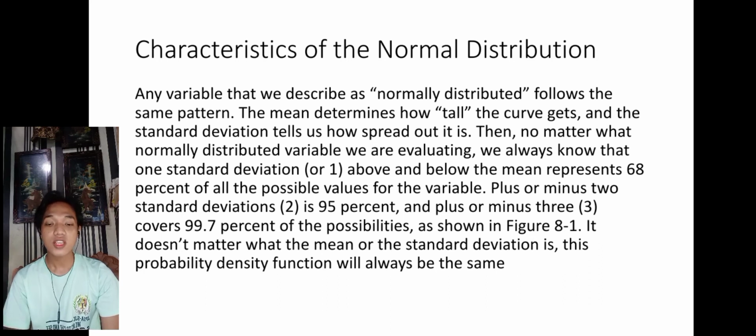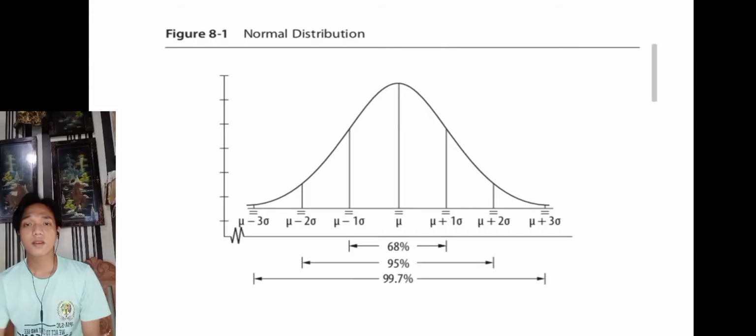Plus or minus 2 standard deviations is 95%, and plus or minus 3 covers 99.7% of the possibilities, as shown in Figure 8.1. It doesn't matter what the mean or the standard deviation is, this probability density function will always be the same. So this is the graph of the normal distribution.